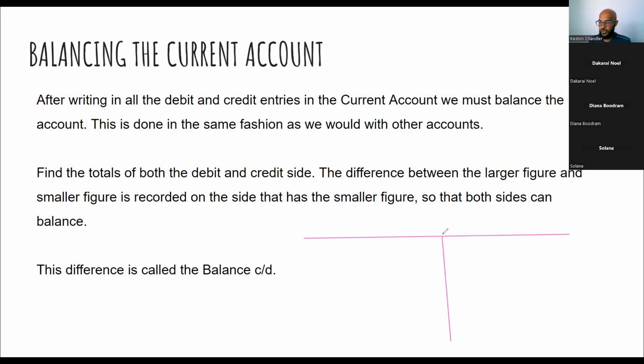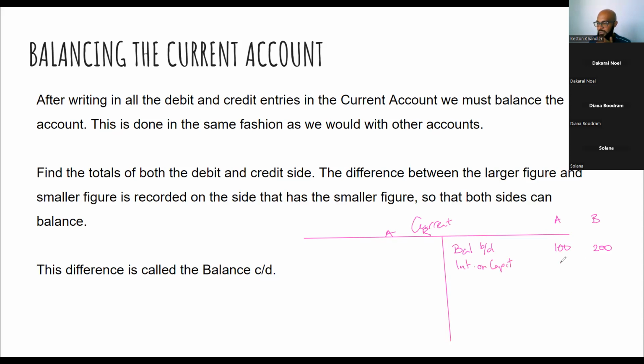If this was the current account, and let's say initially I had an opening balance brought down of $100. Apart from that, I'm just looking at one partner. Let's just put two for the sake of it. Interest on capital, we said, is an income increasing activity.